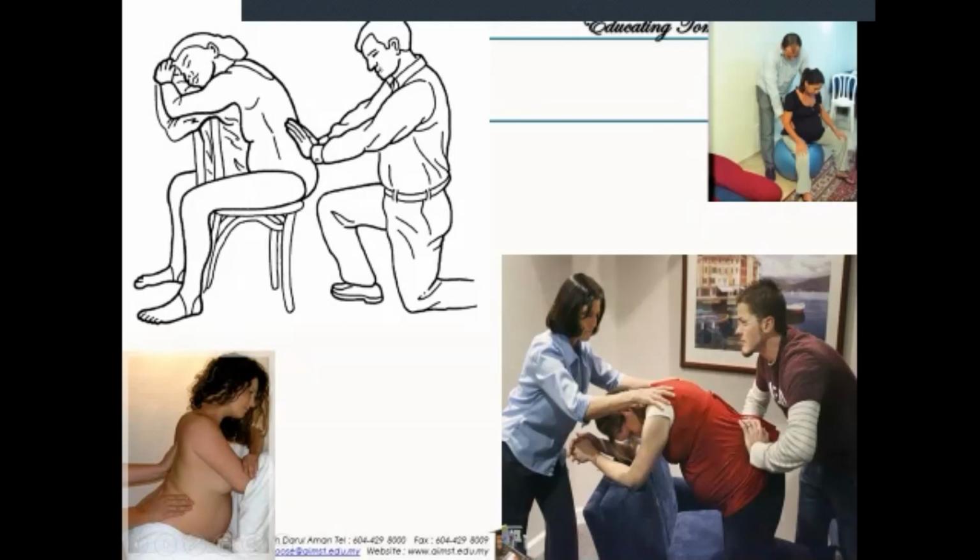You will use counterbalancing or gravity-eliminated positions. Only in the second stage will you go toward gravity positions, like squatting. You can teach a few of these positions so that they can relax themselves during the first stage of labor.